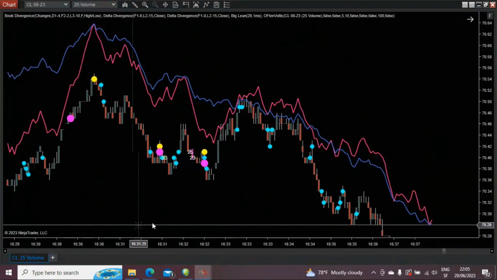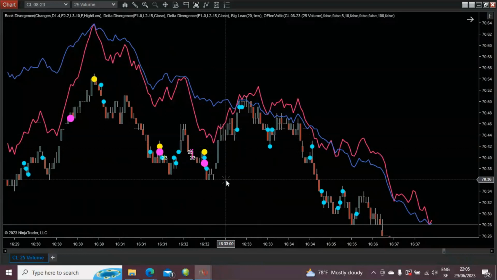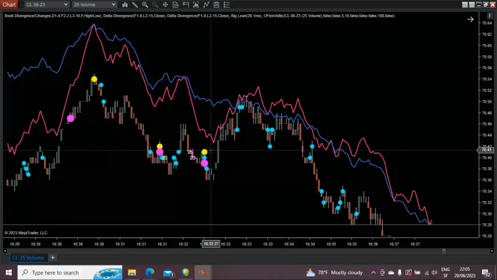But these sort of clusters of Voltics, plus the big leans that we mentioned earlier, can provide good support for an entry, in this case potentially a buy entry, or in the earlier one, a sell entry.